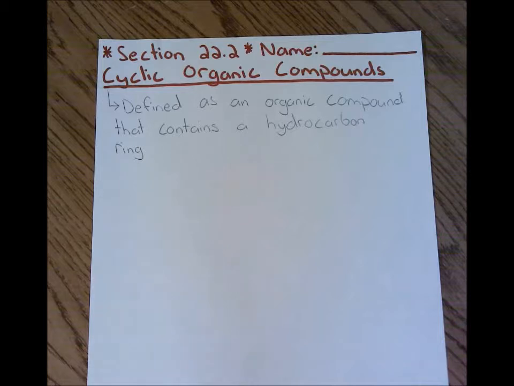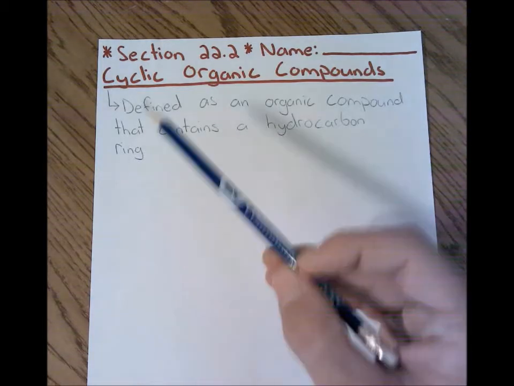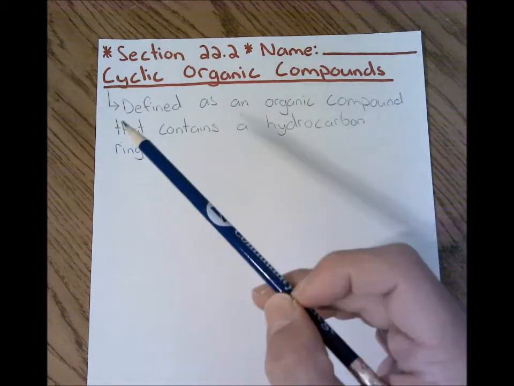So we mentioned in the last section that carbon can have 4 attachments or 4 different covalent bonds, where it could attach to another carbon, and that carbon could attach to a carbon, and so on and so forth. So it was already complex when those carbons could attach to each other, and now we bring in this ring structure, and that's really what that cyclic definition is.